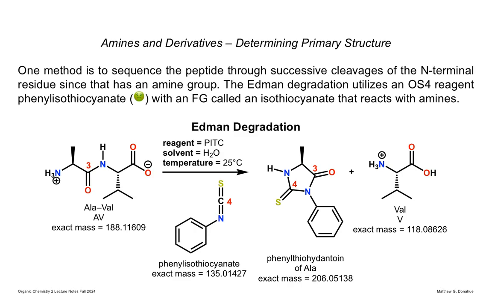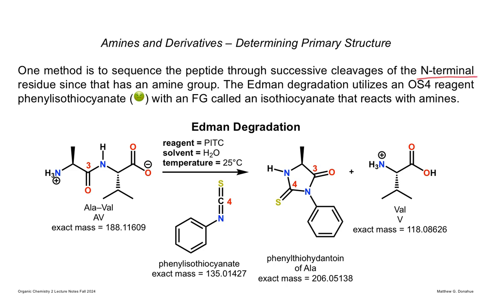So we'll learn a couple chemical reactions on how to do this, and then we'll learn some enzymatic methods that react very specifically with certain amino acids. The reactions we're going to learn primarily act on the N-terminal residue.